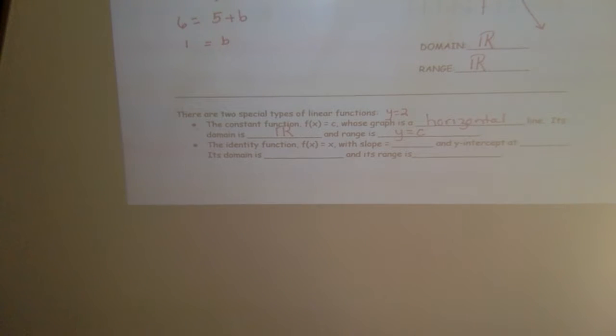The y values don't ever change. The identity function, which is y equals x, has a slope of 1, y-intercept of 0, and its domain and range is all reals.